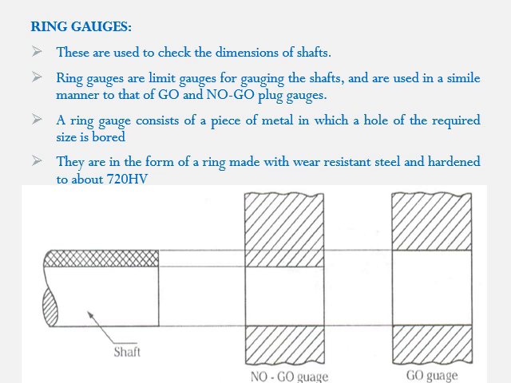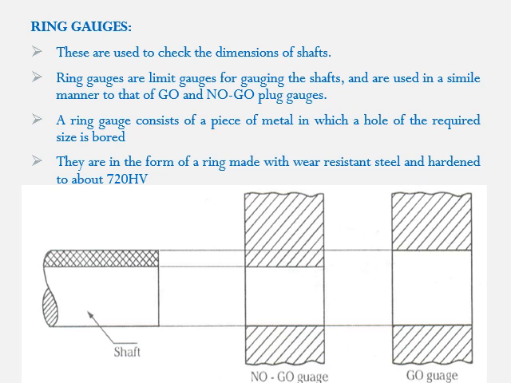In terms of Rockwell hardness, it is more than 60 HRC, because when the metal possesses more than 60 HRC, it has very good hardness and is highly wear resistant. That's why generally all the ring gauges and plug gauges are made of steel and hardened to a very high hardness of 60 HRC and above.